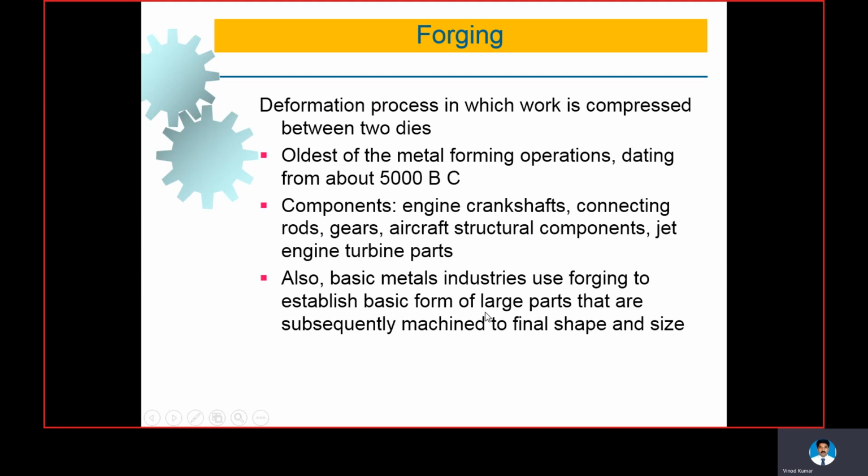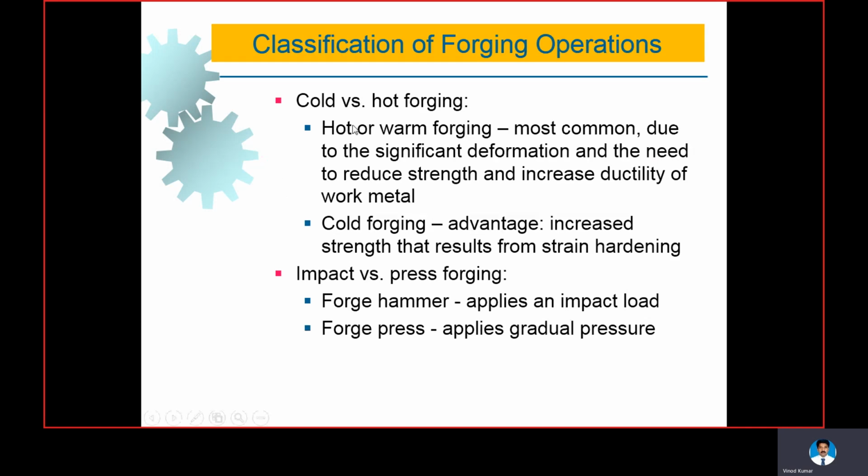In some cases, we can produce parts and then later machine the part to finish the final shape and size. There are two types of forging operations: cold and hot forging. Hot forging is done at elevated temperature above the recrystallization temperature, so a significant deformation of the material is possible.